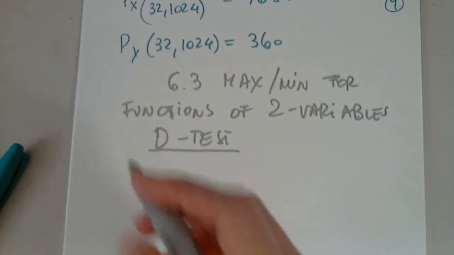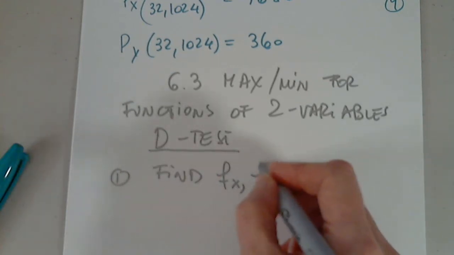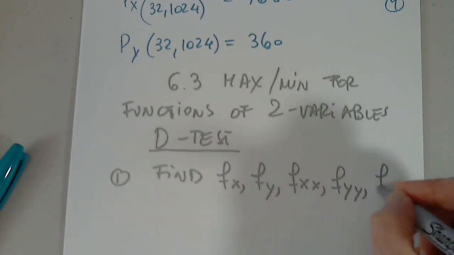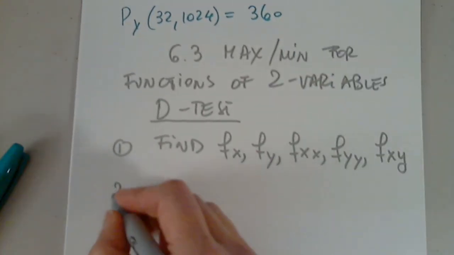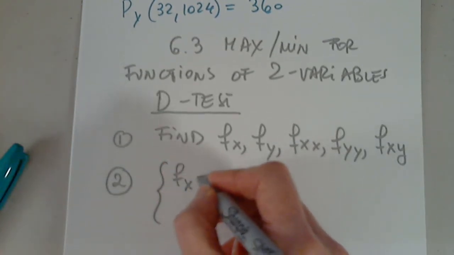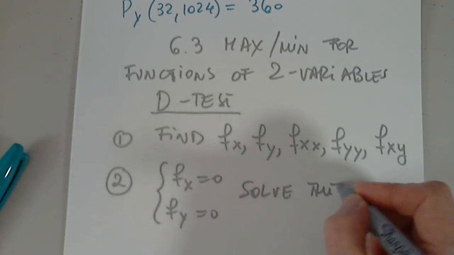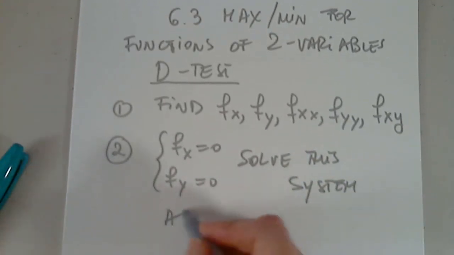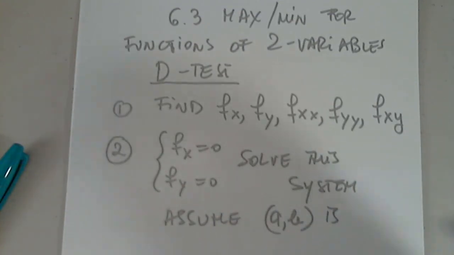And the steps for the D-test are, number 1, find fx, fy, fxx, fyy, and fxy, which is the same as fyx, as we know. Step 2, solve the system fx equals 0 and fy equals 0. Let's assume that a comma b is a solution, any solution.